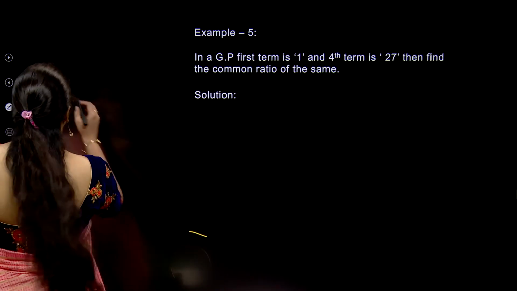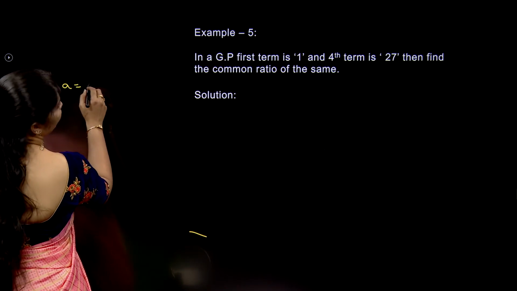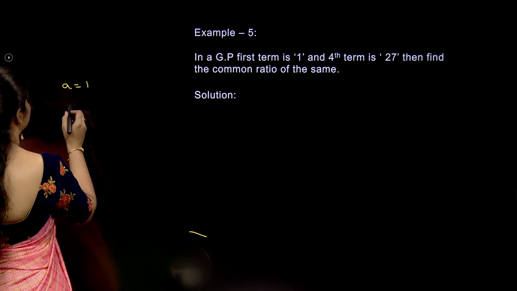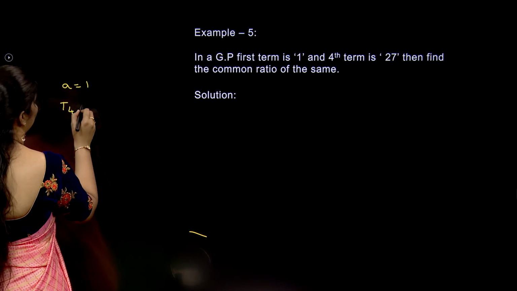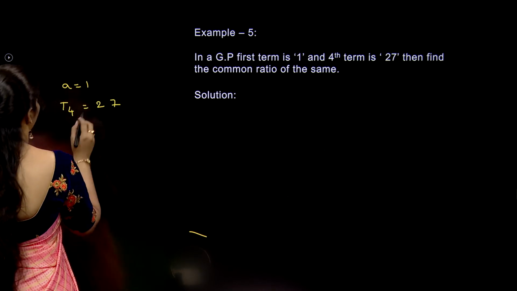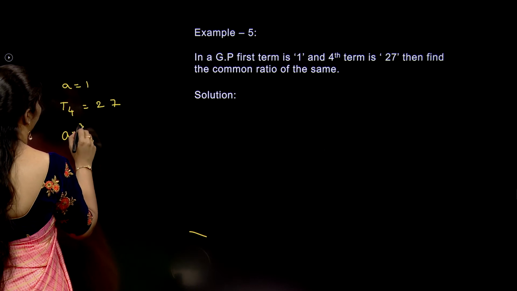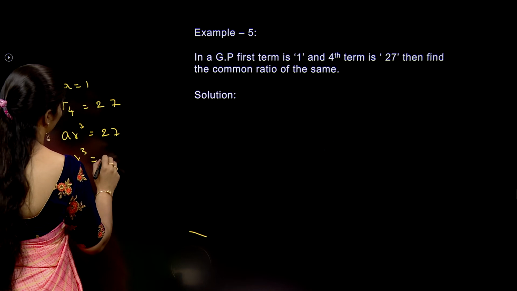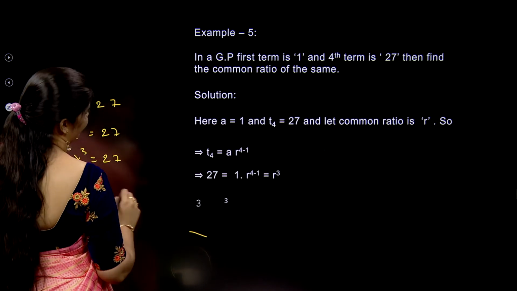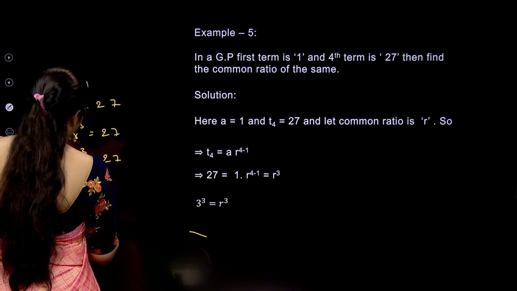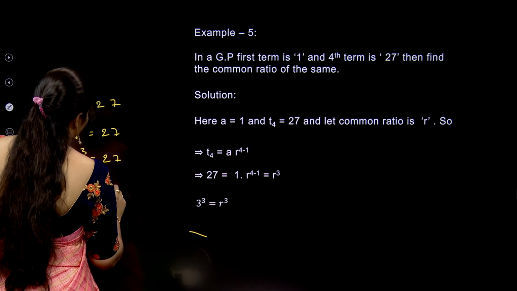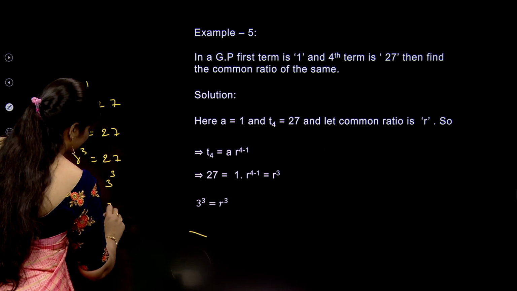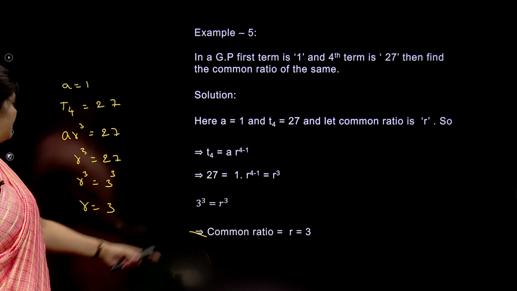T4 means a r cube equal to 27, a value is 1, so r cube equal to 27. 27 can be written as 3 cube, so r equal to 3, the common ratio.